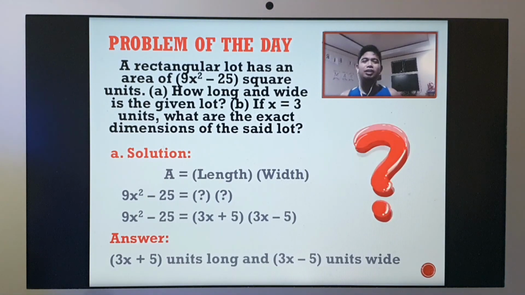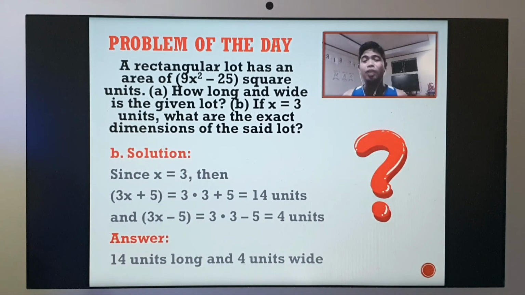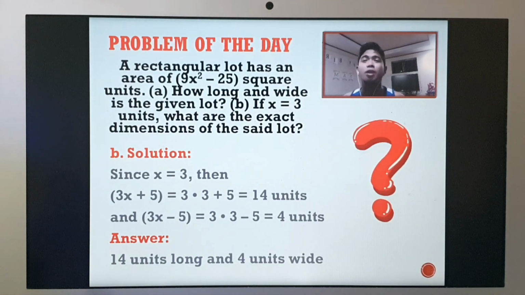And to answer the next question, we simply substitute the value of x, which is 3, to the derived dimensions. So, 3x plus 5 becomes 3 times 3 plus 5, which is equal to 14 units, while 3x minus 5 will be 3 times 3 minus 5, which is 4 units.